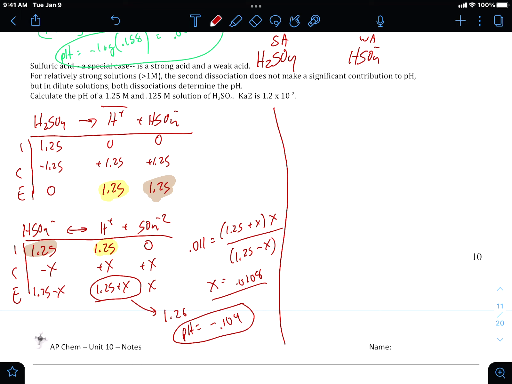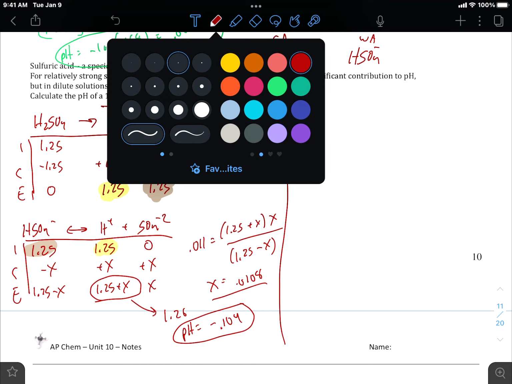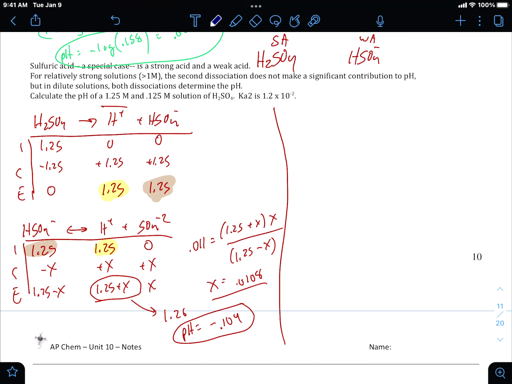That was for a 1.25 molar solution. What if we do this for a 0.125 molar solution? So a different concentration.